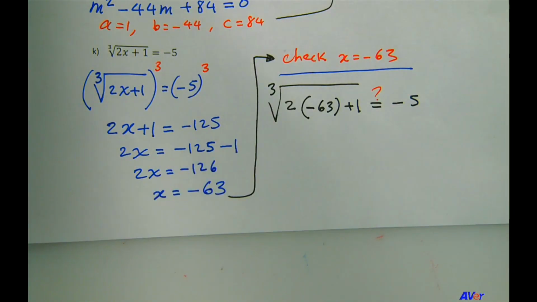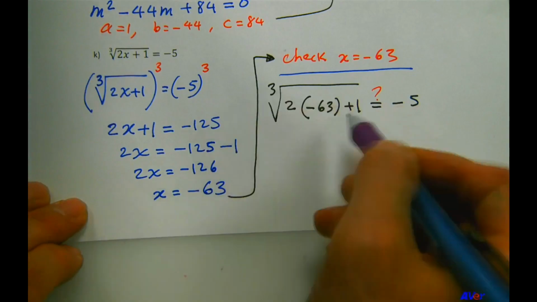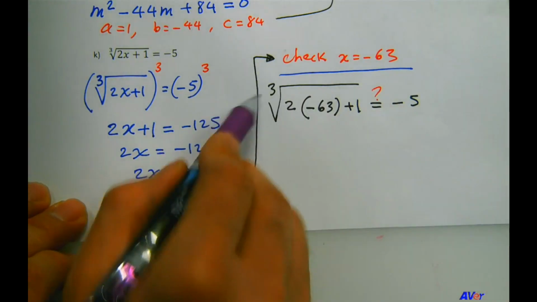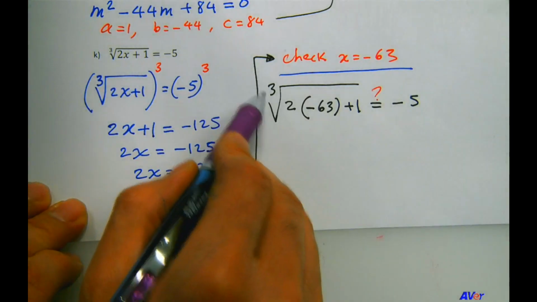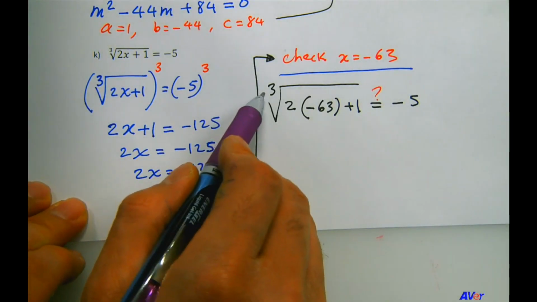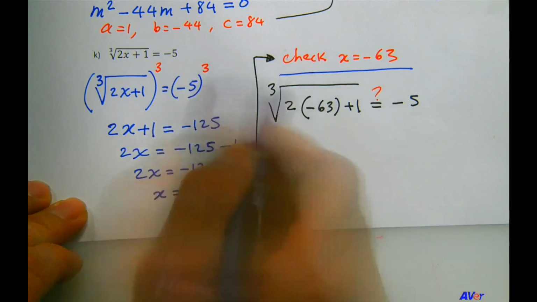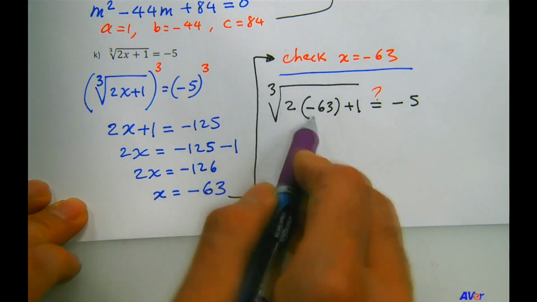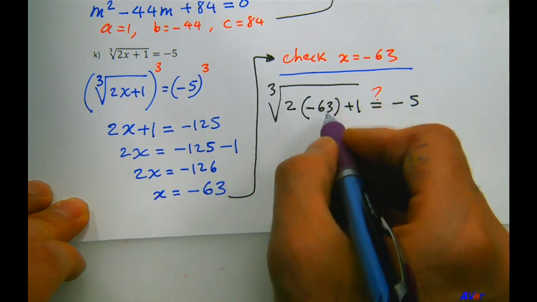In other words, we don't end up with a complex number. If it was an even root and we had a negative on the inside, then we would have a complex root. But in this case, no, it's not complex. The radicand is allowed to be negative if you have an odd root. Fifth root, third root, ninth root, seventh root, 11th root, all of those odd roots allow the inside to be negative.